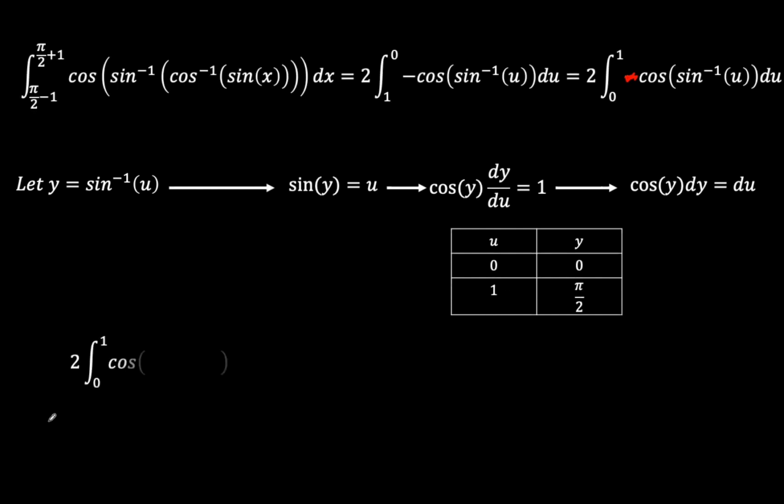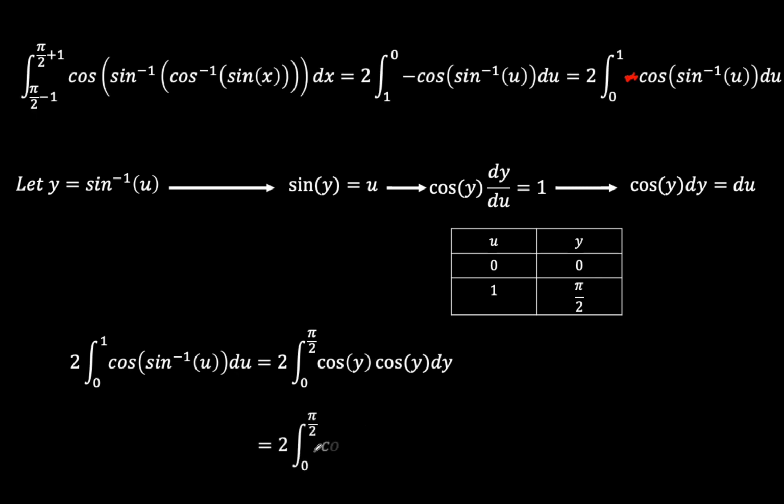And so twice the integral of cosine of arc sine u from 0 to 1 is the same as twice, since this part inside the cosine function is y, cosine y, and then since we found du is cosine y dy, so cosine y dy.